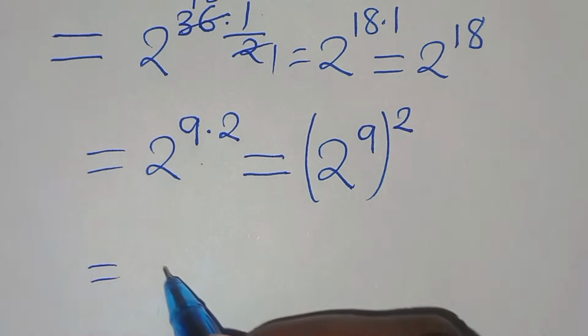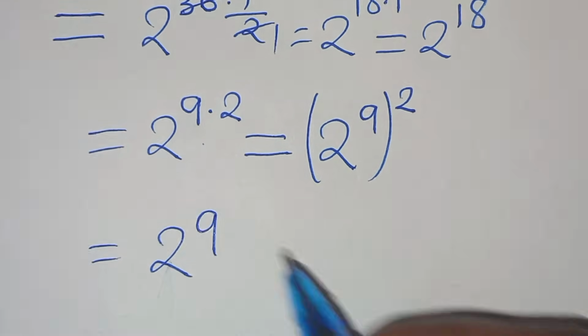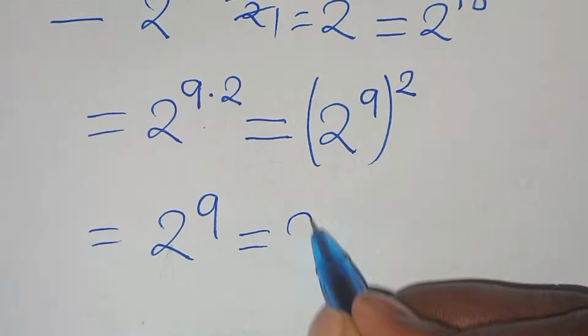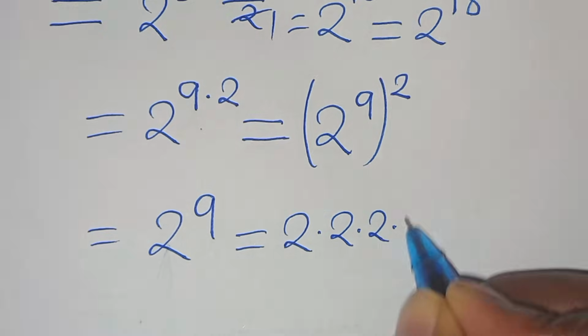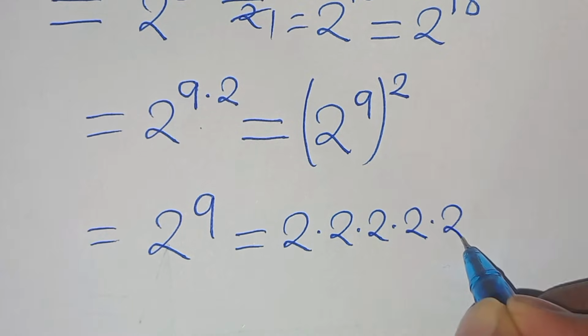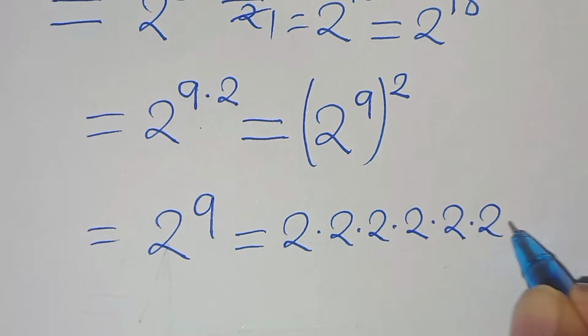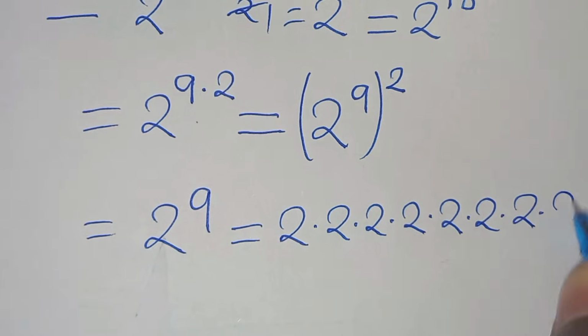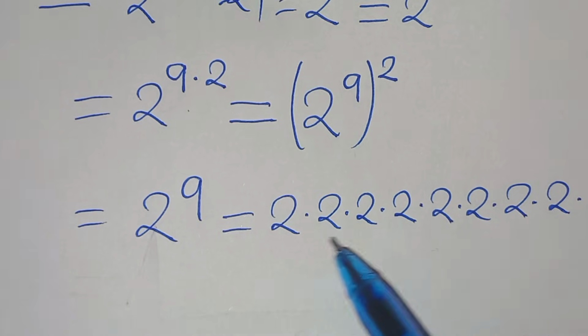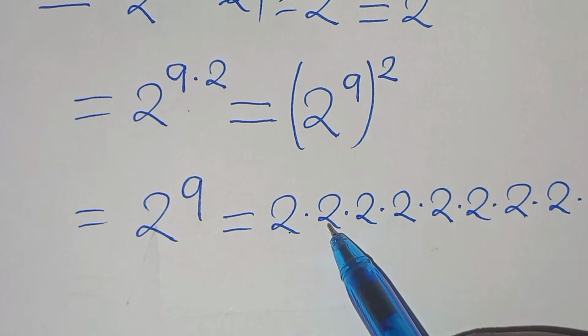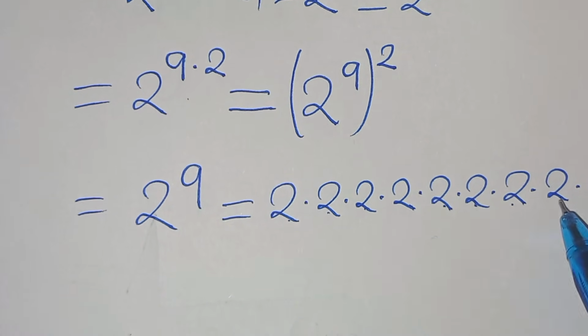If you recall here, 2 to the power of 9 is the same thing as 2 multiplied by 2, multiplied by 2, multiplied by 2, multiplied by 2, multiplied by 2, multiplied by 2, multiplied by 2, then multiplied by 2. So this is 1, 2, 3, 4, 5, 6, 7, 8, 9.